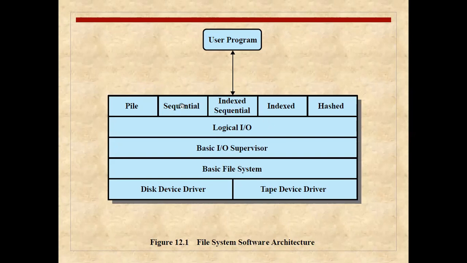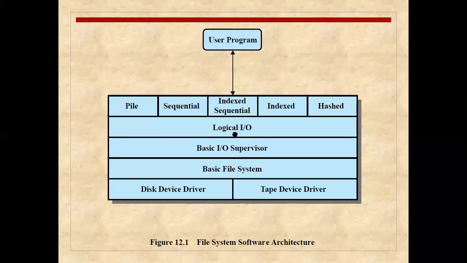Generally, in a system only one type of method will be implemented, not all. But here it is mentioned because you may use pile, sequential, indexed, or hashed.